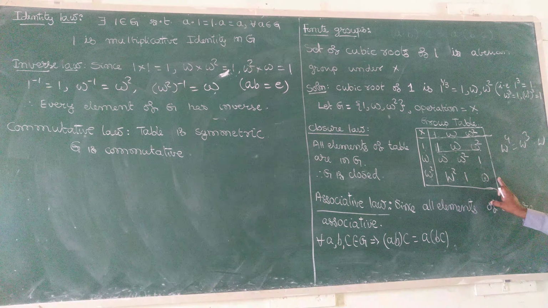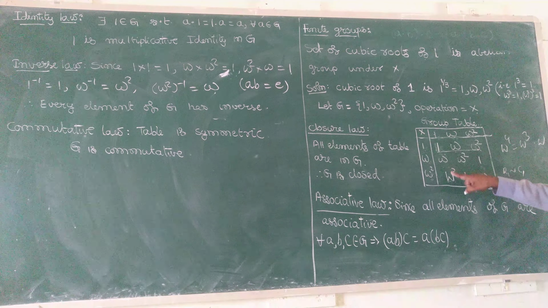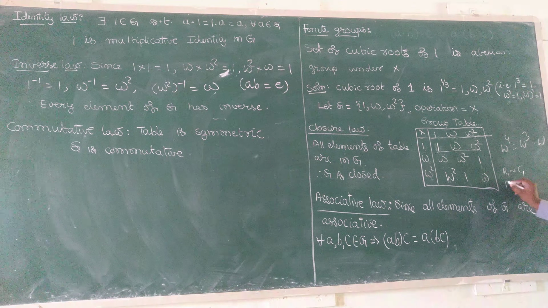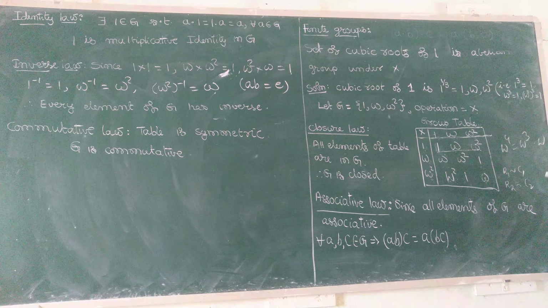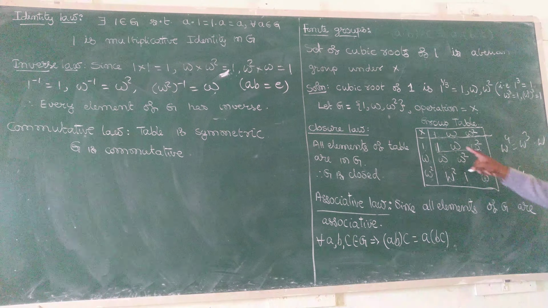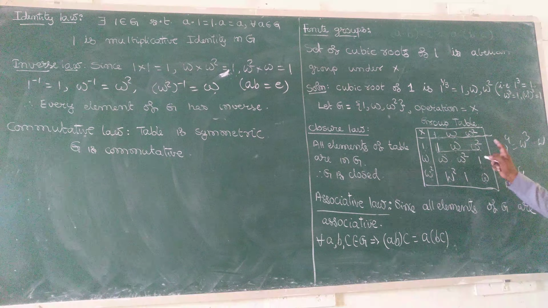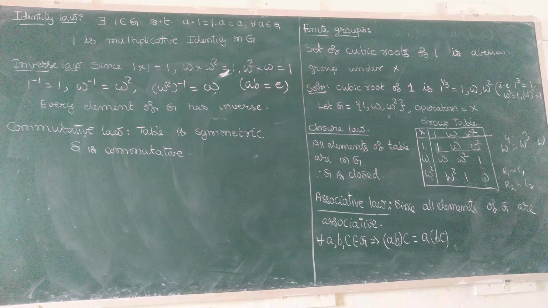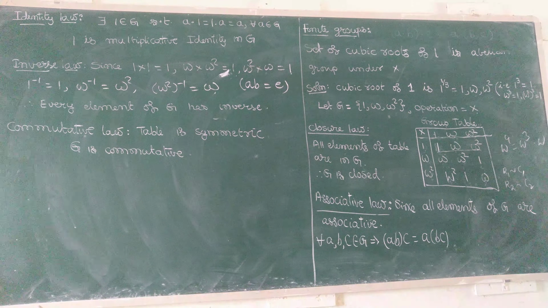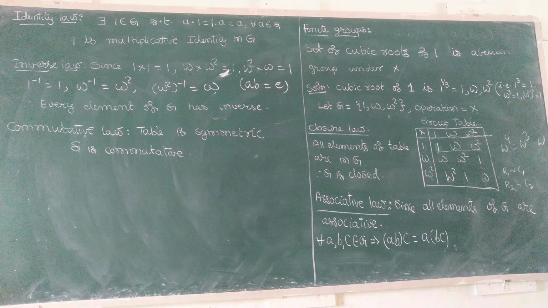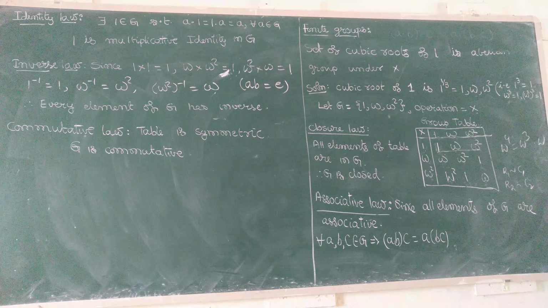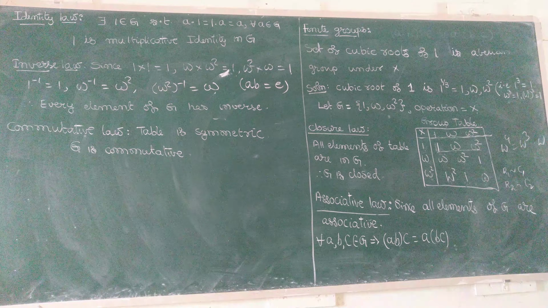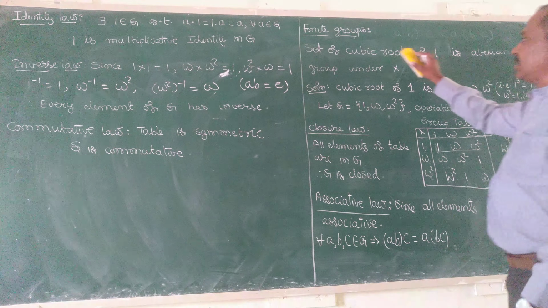How can you say this table is symmetric? The first row is identical to the first column: 1, omega, omega square. The second row is identical to the second column. Thus the table is symmetric, so G is commutative. G is an abelian group under multiplication. Okay, all of you? Now coming to another question.